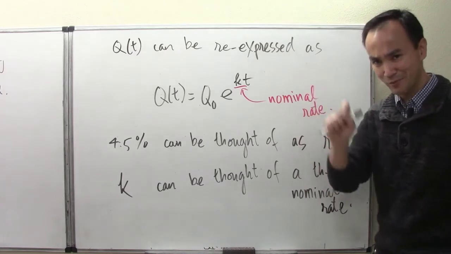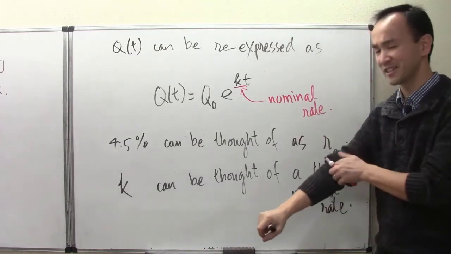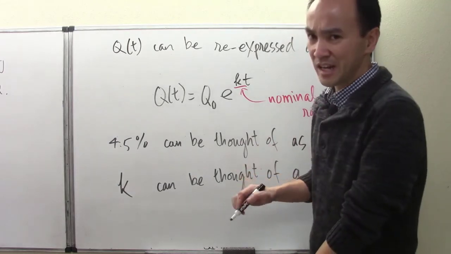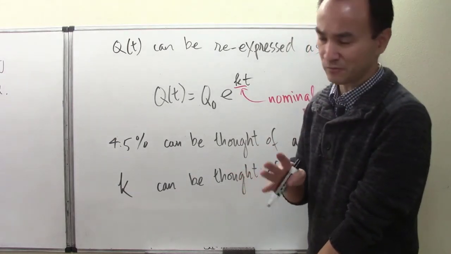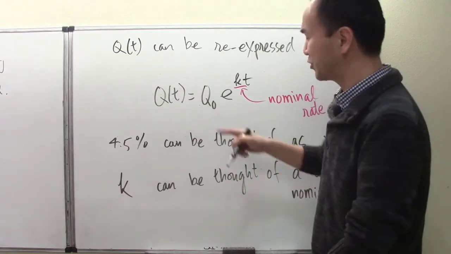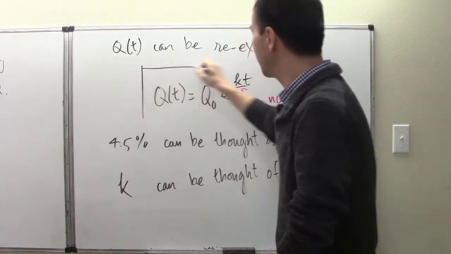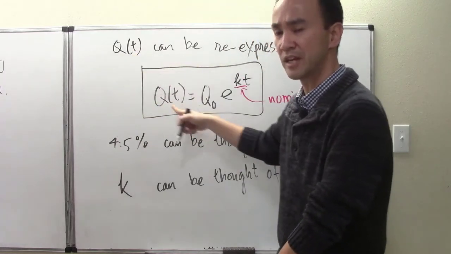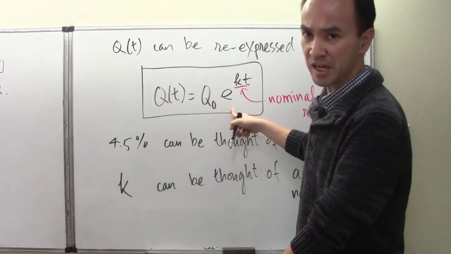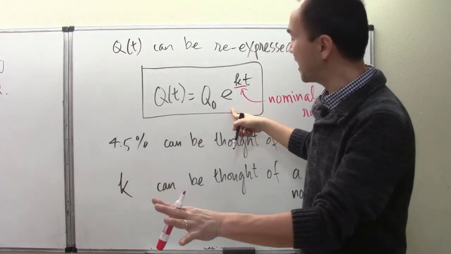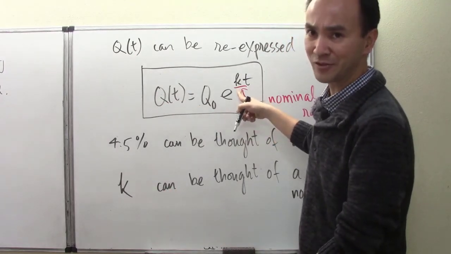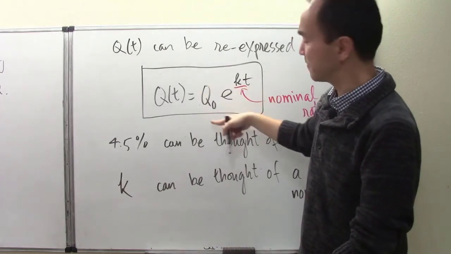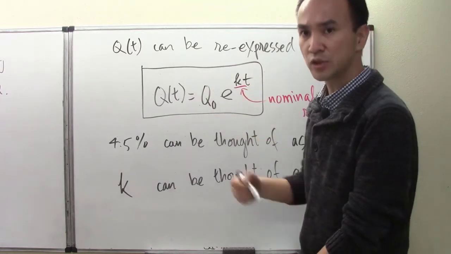So now once I brought in that understanding, we can see the following connection. What's the goal that I'm trying to lead you into right now? I'm trying to lead you into finding how we can re-express q of t as an exponential function with base e. So really the only struggle we face is how to find that k. We already know the value for base e, and we already knew the initial amount being 25 million.